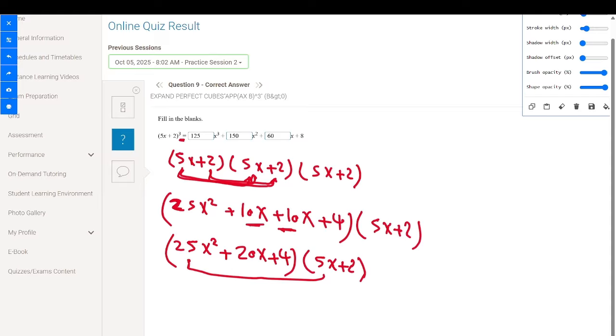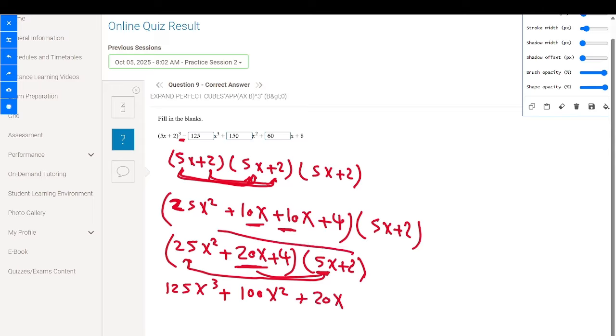We have 5x multiply 25x squared. 5 multiply 25 is 125. x squared multiply x will be x power 3, plus 5x multiply 20x will be equal to 100. x multiply x is x squared, and 5x multiply 4 will be plus 20x.